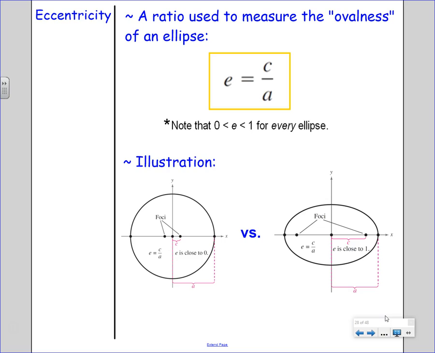Eccentricity is kind of like, I even put it in quotes up there, the ovalness, how elliptical the ellipse actually is. You can think of it as a measurement that shows how squished it is or how non-circular or circular it is, because something can be an ellipse and look an awful lot like a circle.